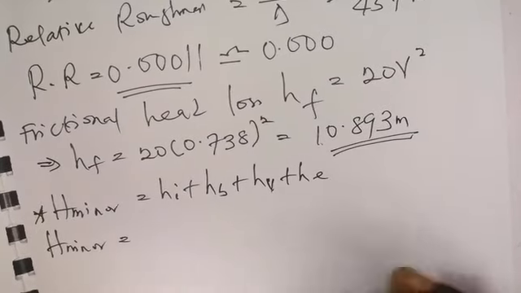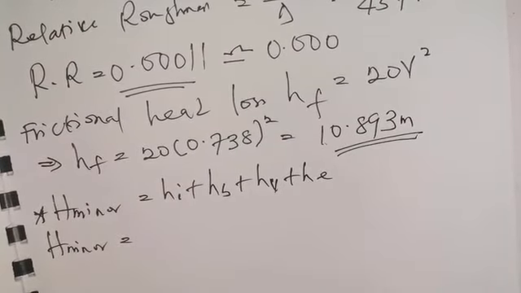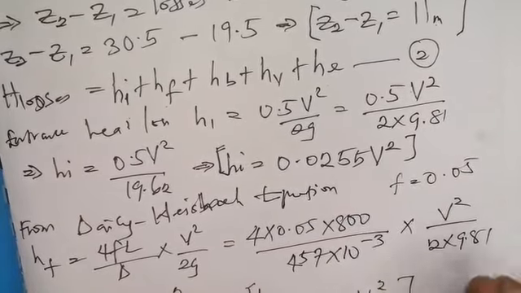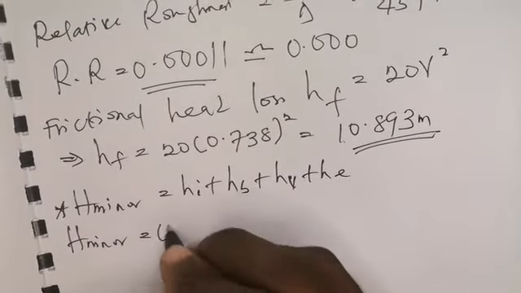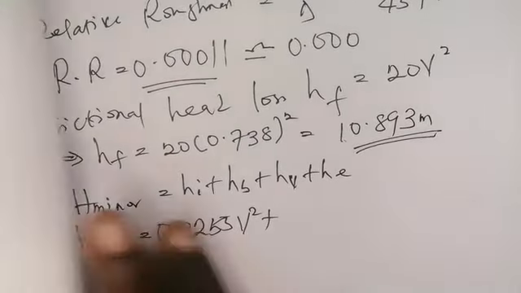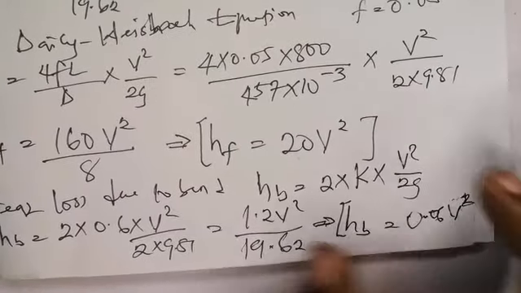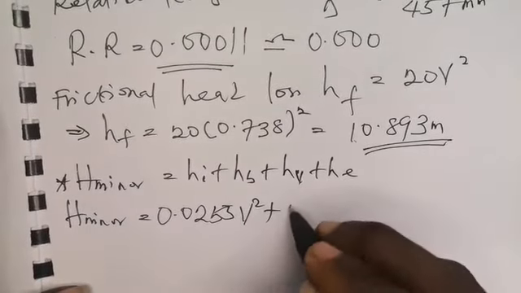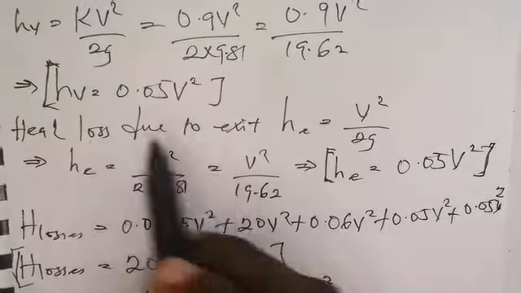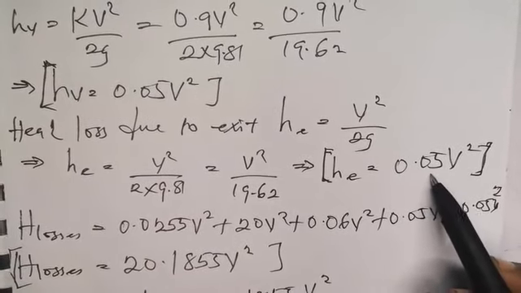Minor head loss is equal to head loss due to inlet. Earlier we got head loss due to inlet to be 0.0255 V squared, plus head loss due to bend, which we had as 0.06 V squared, plus the head loss due to valve as 0.05 V squared, and the exit head loss we also had as 0.05 V squared.